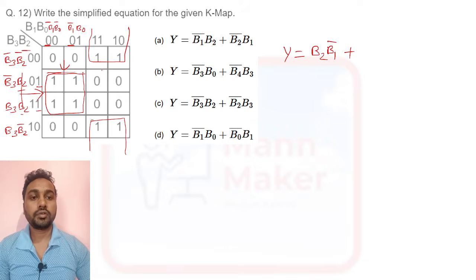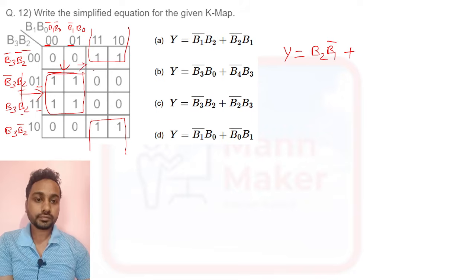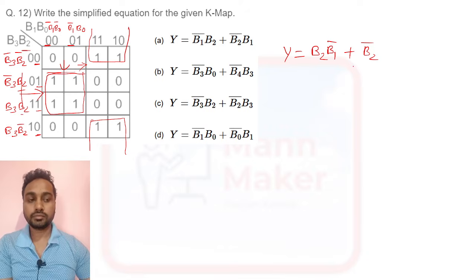Now plus, we come to this quad. In this quad, first from this side, this 0 is common and this 0 is common. 0 0 means B2 bar. Now from this side, which one is common?